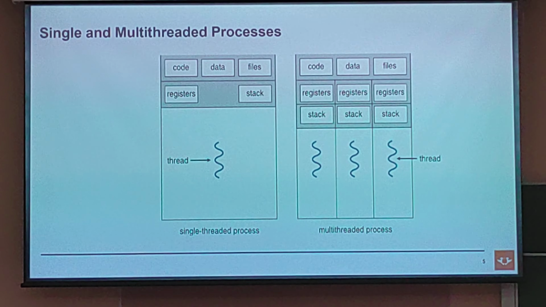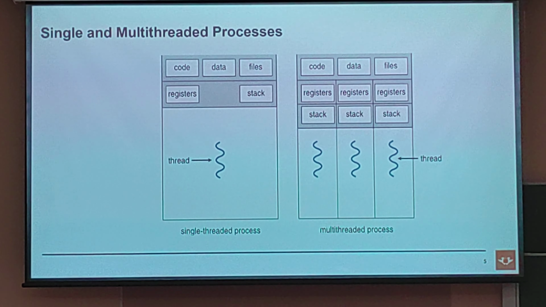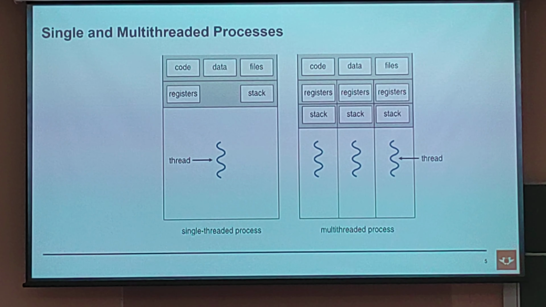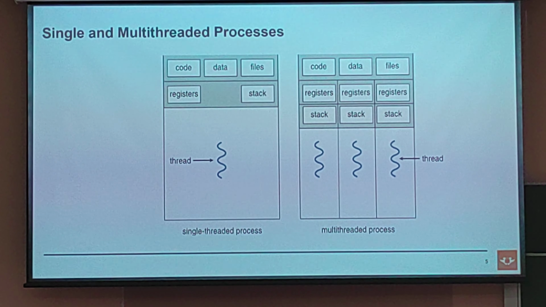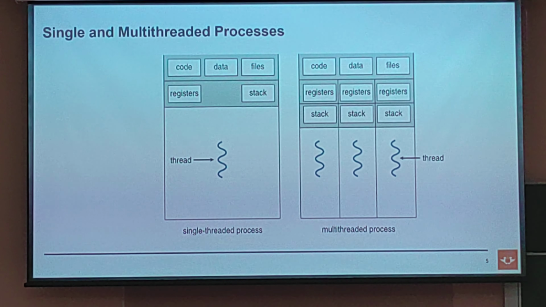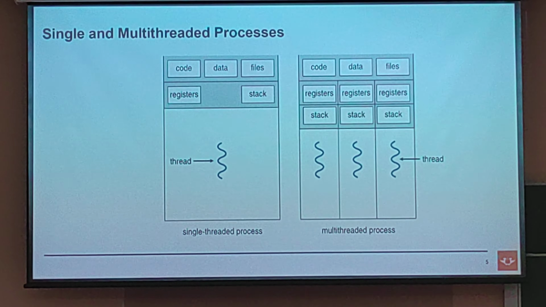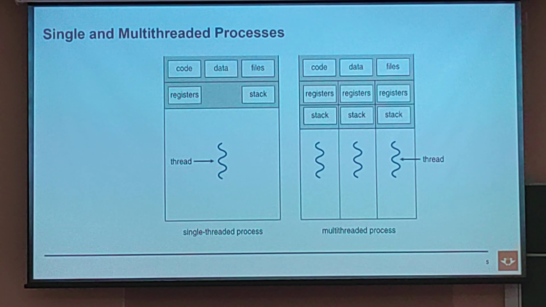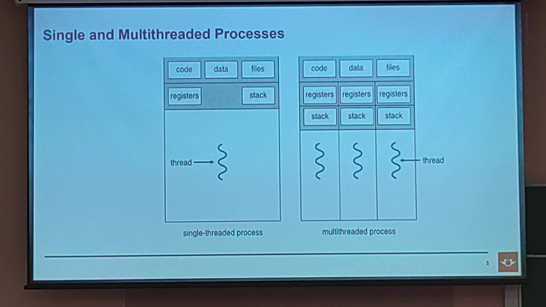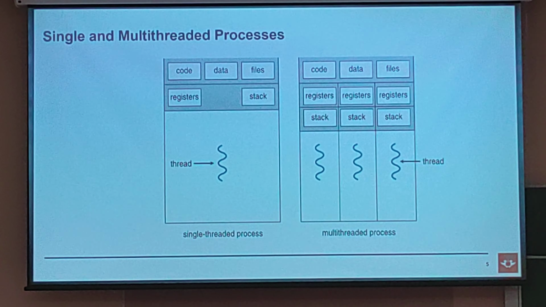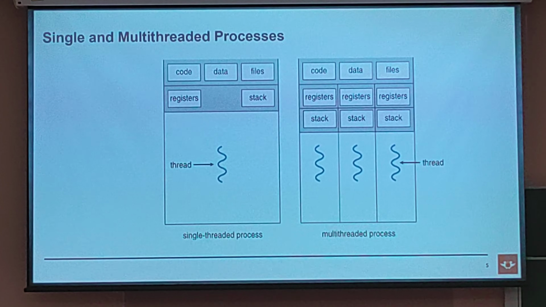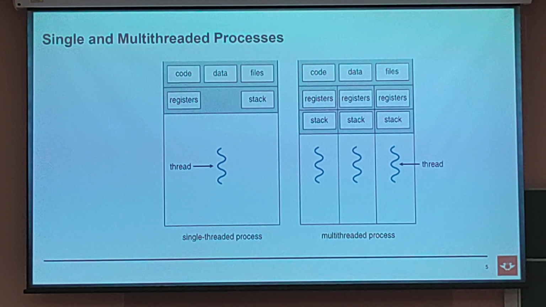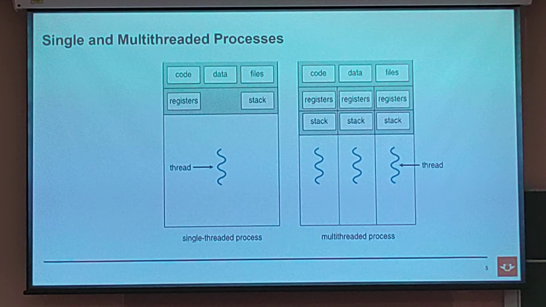Also, the code that we find in the process, you get on a process level, together with the data and the files. But there are things that we associate with a thread that we only find in each thread. Firstly, the set of registers. Each thread has its own set of registers while we're running that thread.